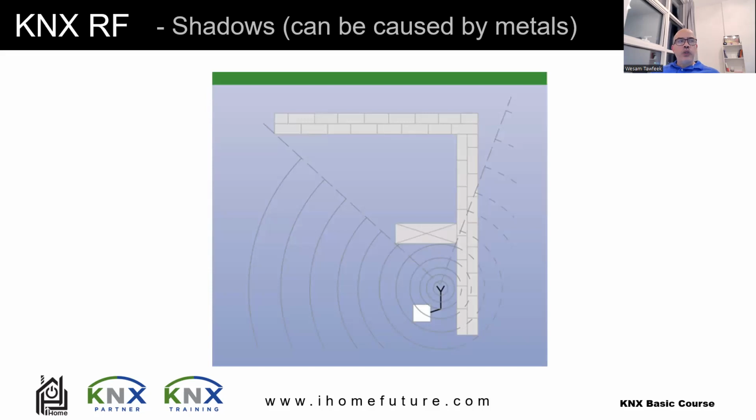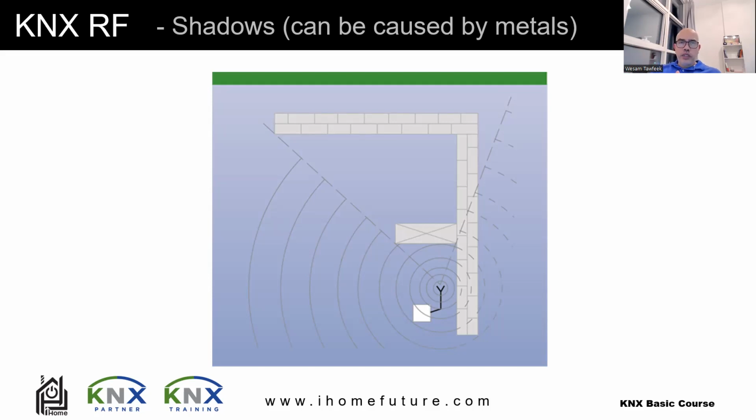Also, there is something called shadows, and shadows are caused by metal. Metal obstacles are the worst enemy for the RF signal because they distract the signals, so they might even cause dead areas. So we always recommend avoiding putting your devices within a metal box.